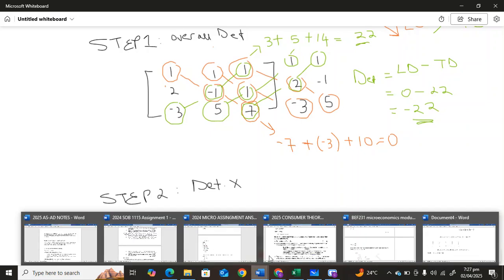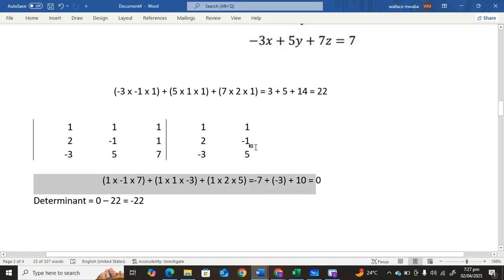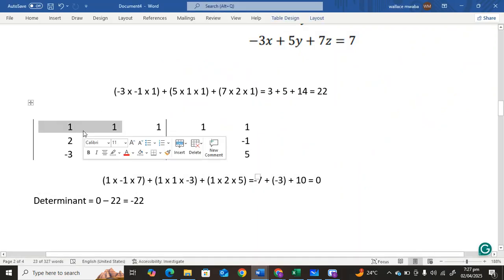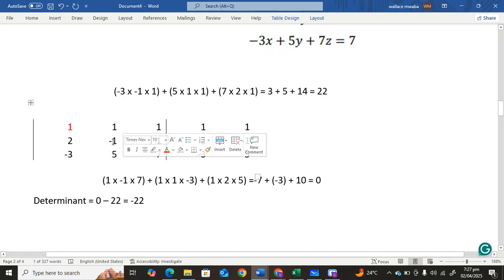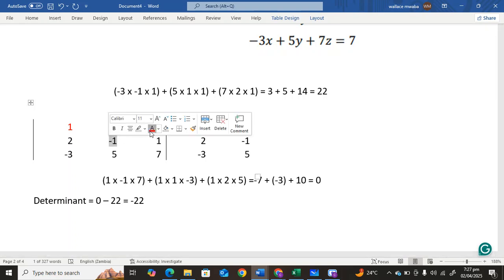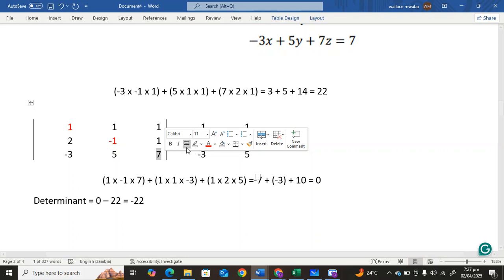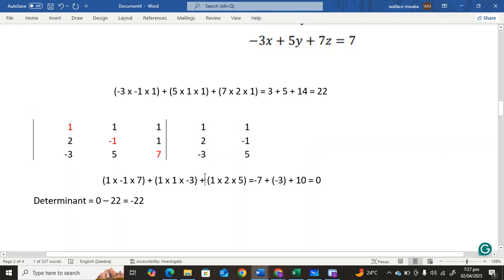Let me show you how it should show in the exam. Have you seen? So with your pens, you indicate how you're moving like this. Once you indicate the diagonal, then you put the tabulation down there.